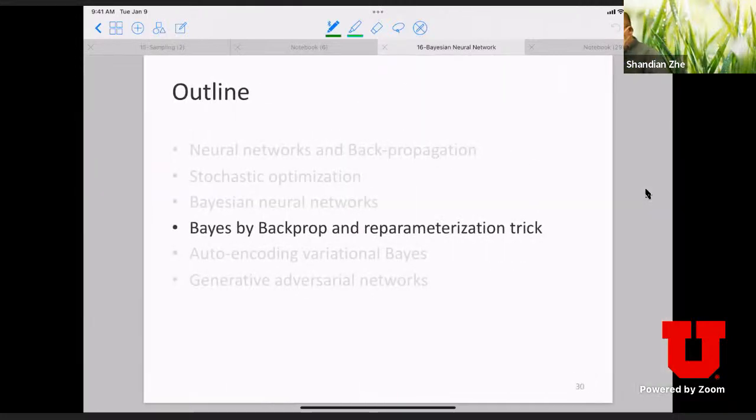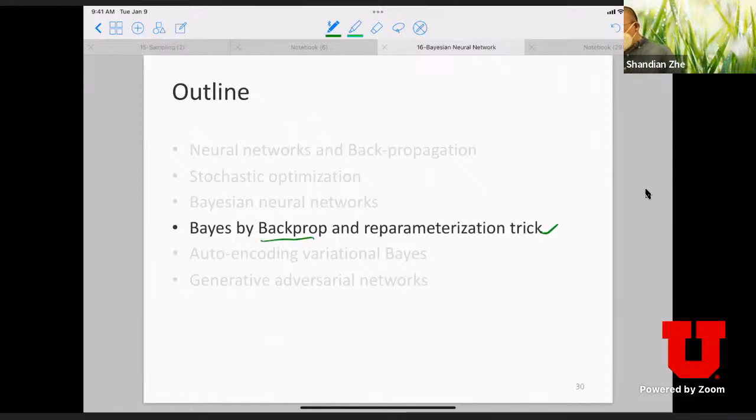Okay, so now we're going to introduce how we conduct variational inference with Bayesian neural networks. There are a few methods, but here we're going to introduce the simplest one and yet most widely used one. And based on this principle, you can modify it very easily and do inference for other types of neural networks. This algorithm is called Bayes by backpropagation.